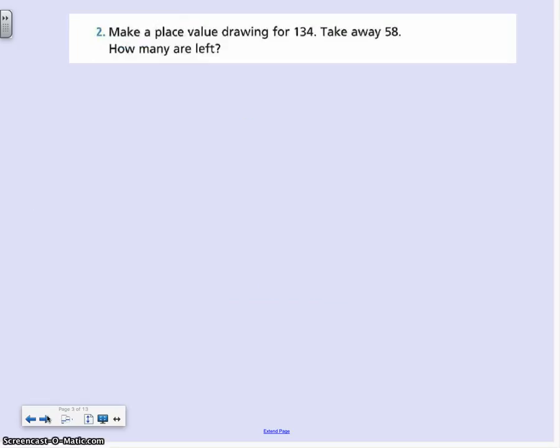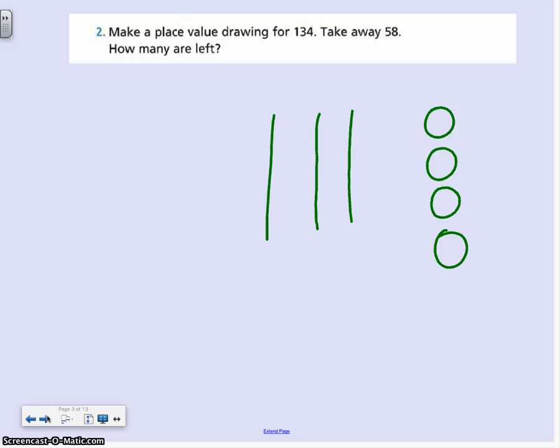All right, so we're going to be making a place value drawing for 134 and then taking away 58. How many are left? So let's start, friends, with making 134. I'm going to start with my lowest place value, and so drawing 4 ones. Then moving on to my tens, where I have 3 tens. And then I have 100.